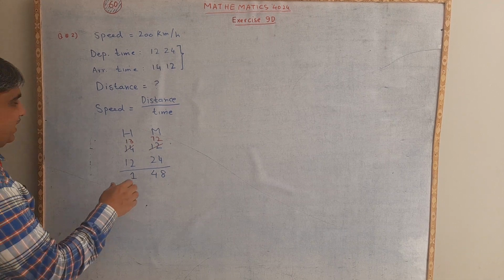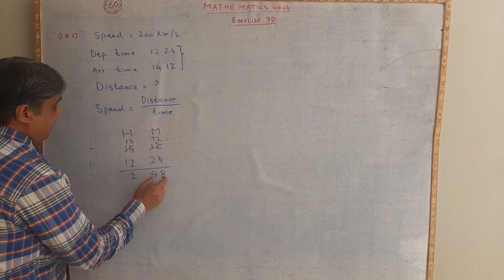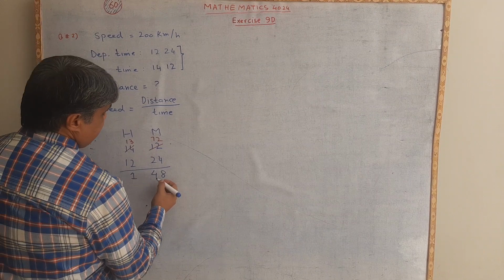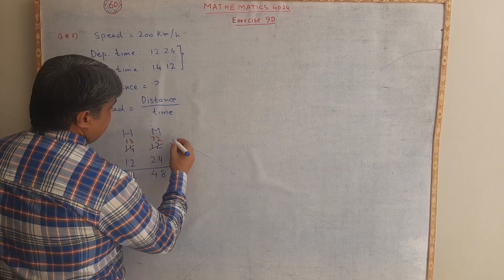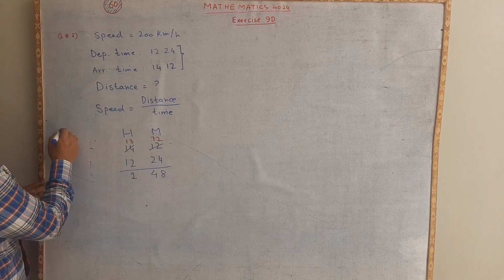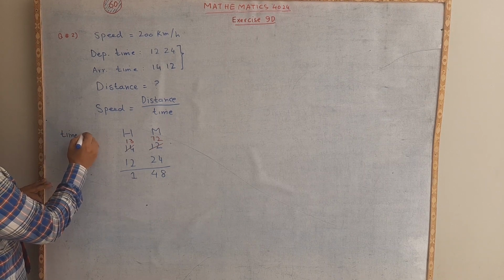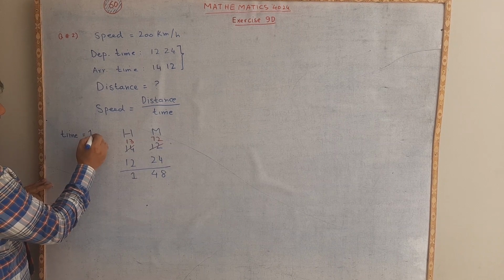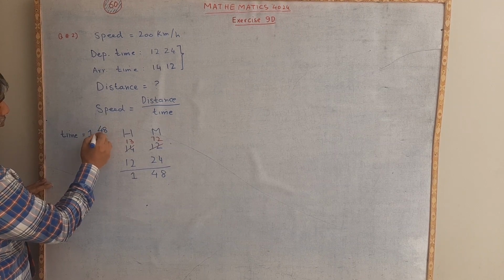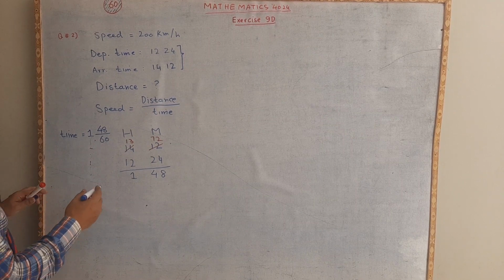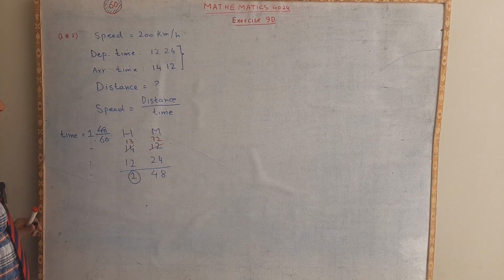We require the time either in hours or in minutes, so we are converting this to hours, and you know that in this case the time will be 1 hour 48 minutes, whole divided by 60. How? Because 1 whole hour is this one.